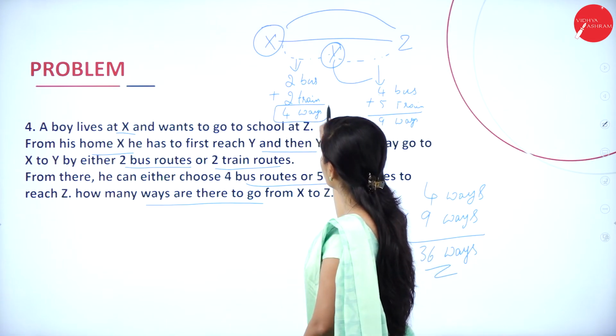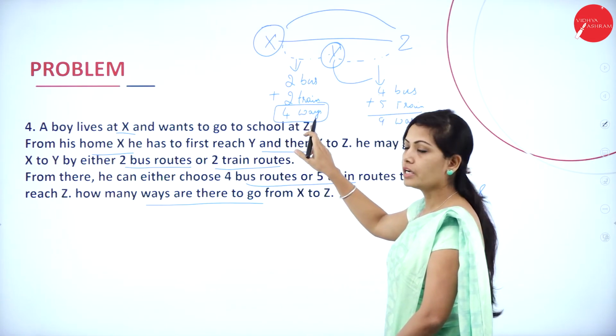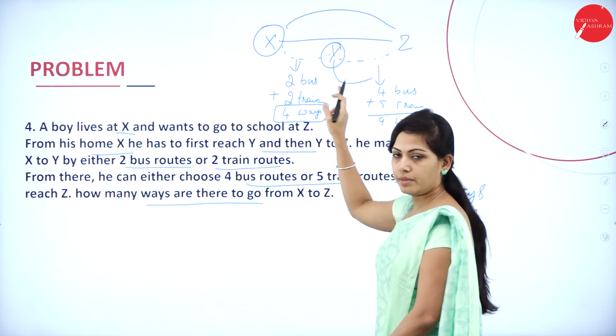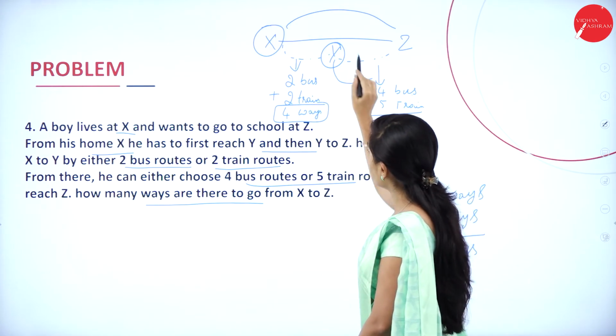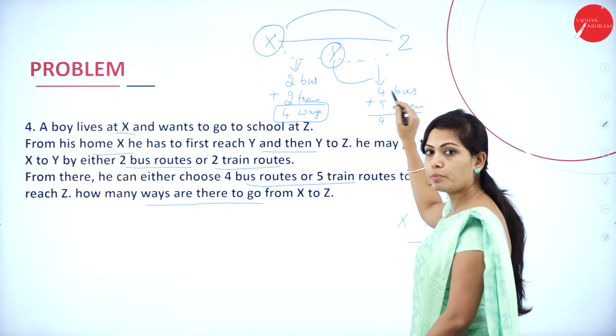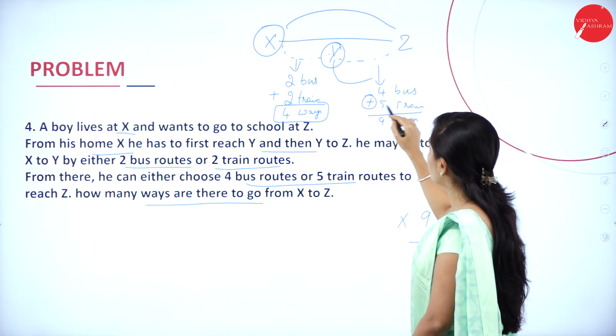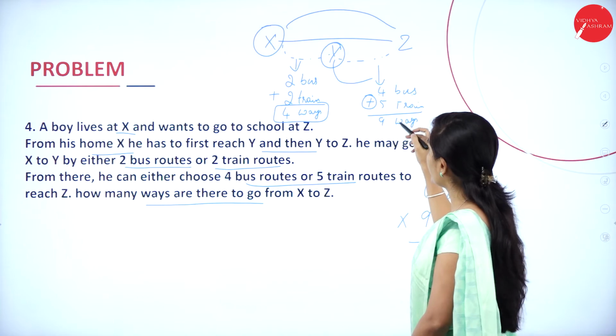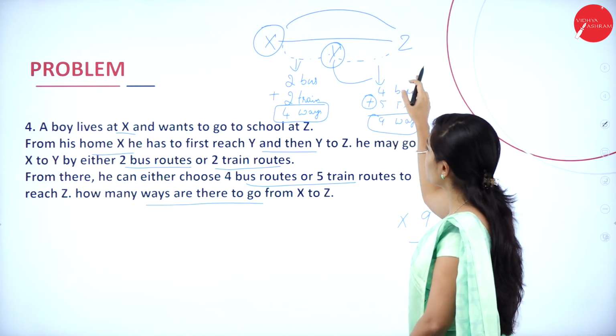So totally he can choose 4 ways to travel from X to Y. And from Y, either he can choose 4 bus or 5 train. So totally 9 ways he can travel from Y to Z.